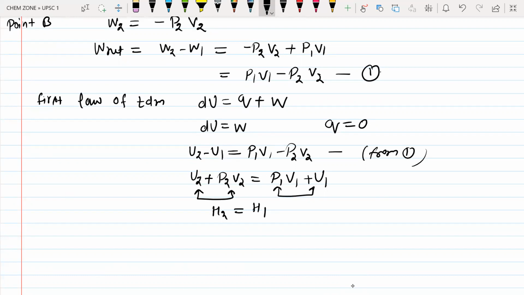So there is no change in the enthalpy of the process. So we can say that the Joule-Thomson experiment is an isoenthalpic process.